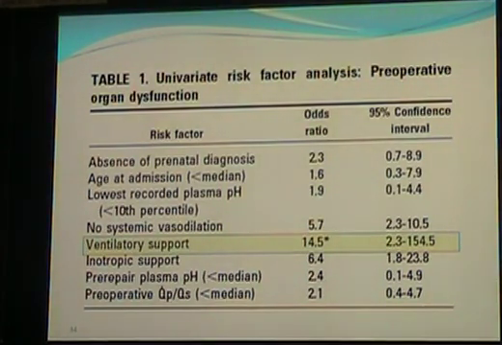What they showed in this study was an odds ratio of 14.5 for putting patients at risk of preoperative organ dysfunction. So it's not only the neurodevelopment, but you can actually run these kids into significant organ dysfunction if you allow them to become ventilated prior to surgery.